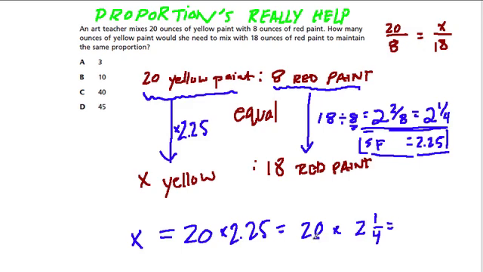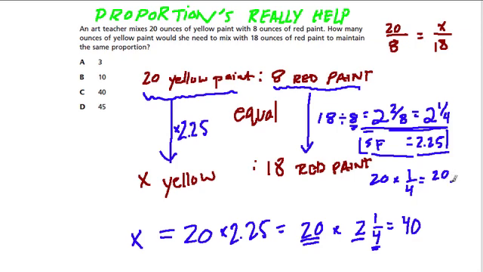First I'm going to take 20 and multiply it by 2, which is 40. And then I'm going to take 20 and multiply it by 1/4. When you multiply 20 by 1/4, that's the same thing as saying 1/4 of 20. So let's write that over here, 20 times 1/4. The way I multiply by 1/4 is to divide by 4.